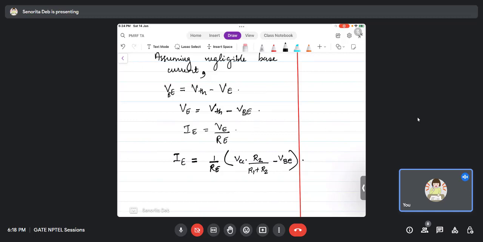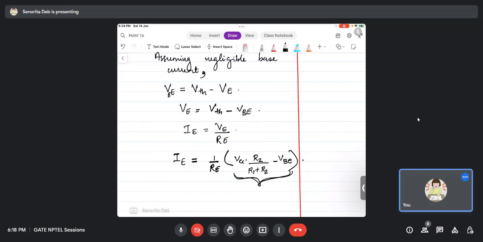So if this difference is large enough, and this difference is nothing but the voltage drop across RE, then the IERE will be able to absorb most of the variation.